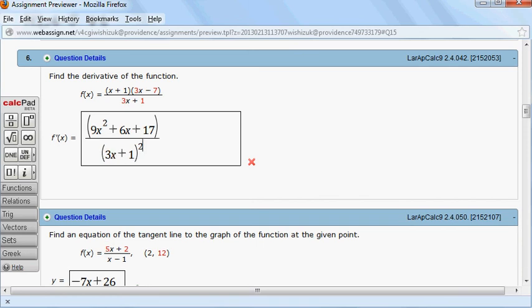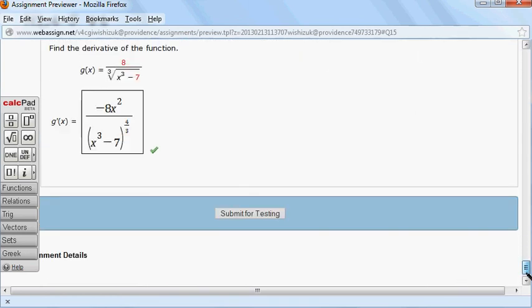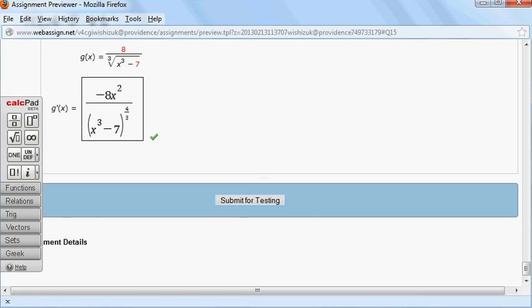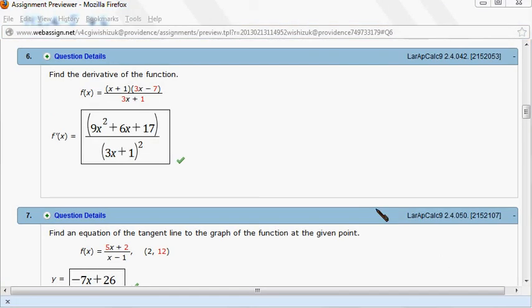All right, so let's check the answer. Okay, it came back as a correct answer. All right, that's it. I hope that this was clear.